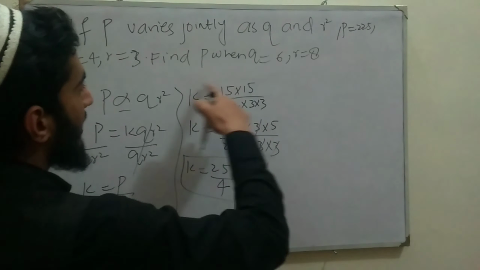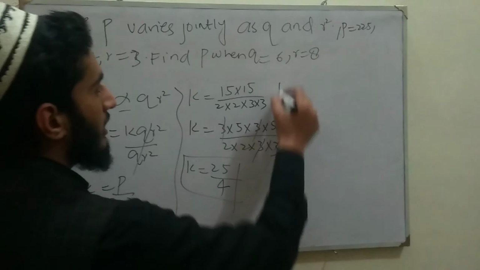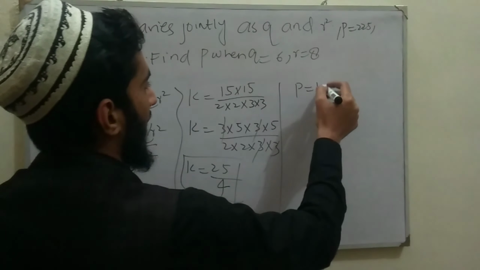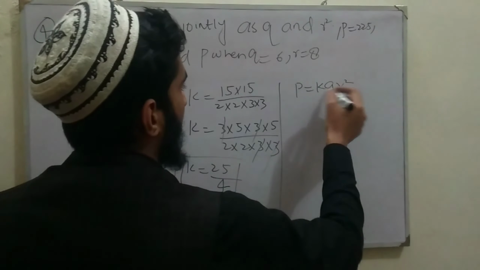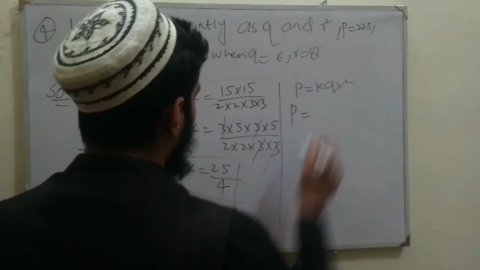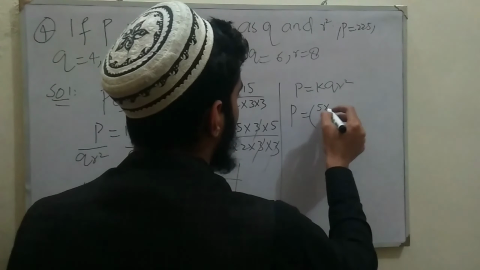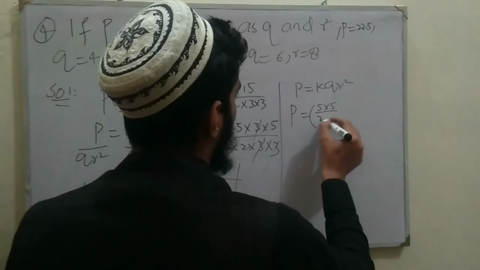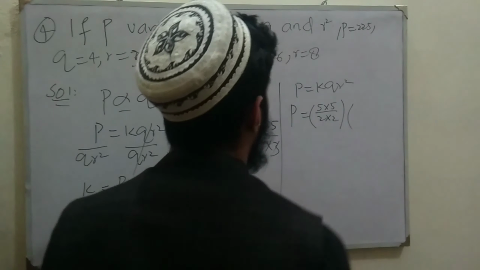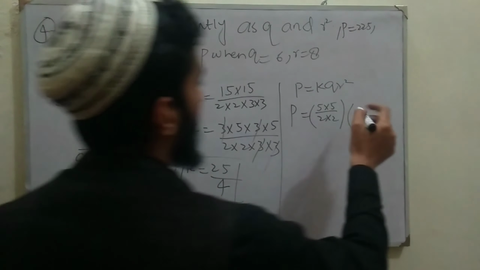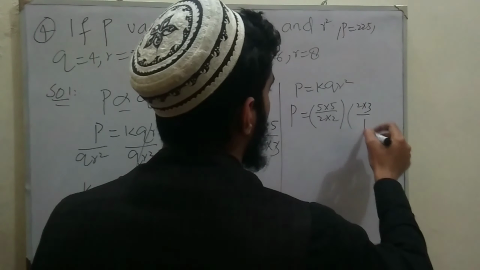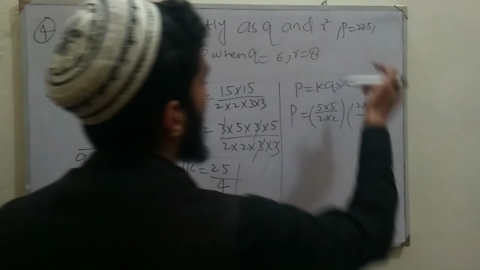Now we are going to find the value of P using the same relation. P is equal to KQR square. Putting in the values, K is 25 divided by 4. 25 can be written as 5 multiplied by 5, and 4 can be written as 2 multiplied by 2, multiplied by Q, which is 6, which can be written as 2 multiplied by 3, and R square, so 8 multiplied by 8.